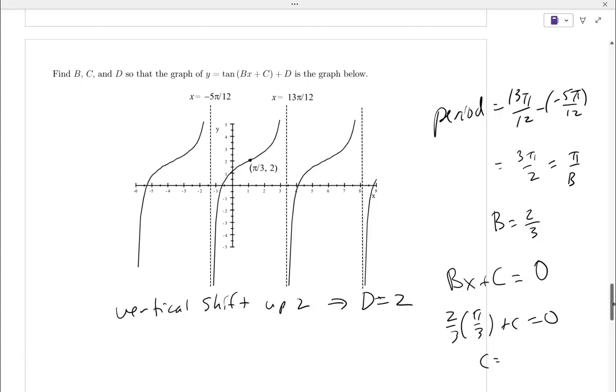And so if I solve for C, I should get negative 2 pi over 9. So your graph is tangent of 2/3 x minus 2 pi over 9, and then plus 2 at the end.